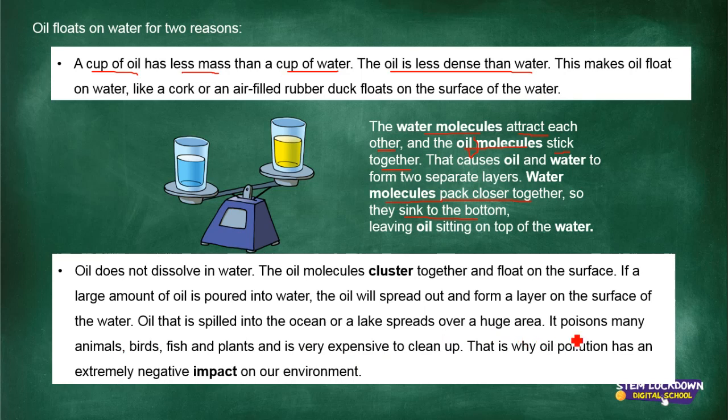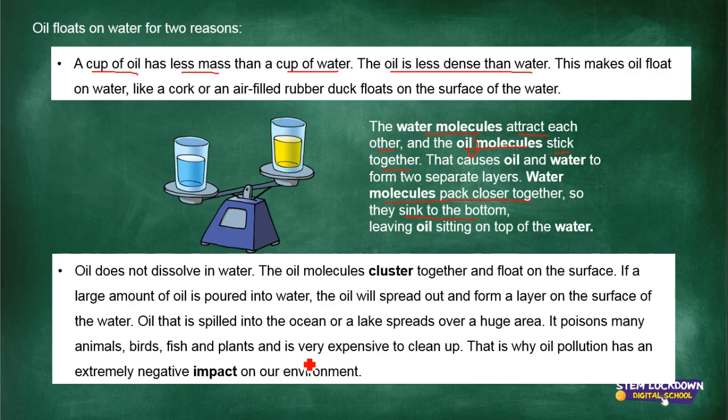Now, this is very poisonous, and many fishes and birds and plants tend to die because the oil is preventing air from going into the water, and the fishes cannot breathe. And then sometimes the oil gets onto the bird's wings and it prevents them from flying.